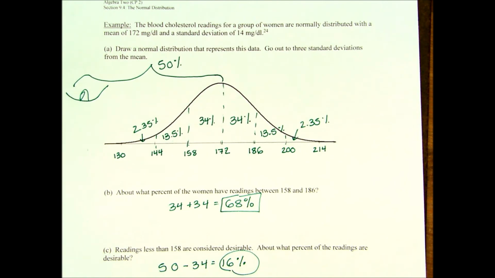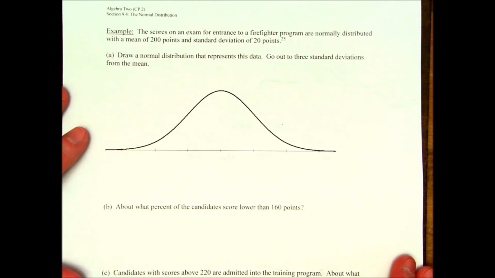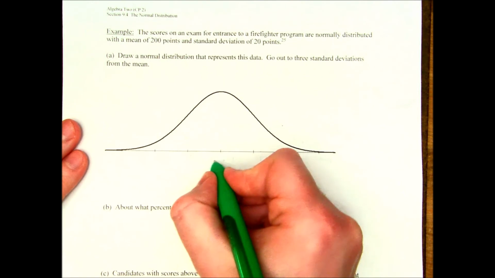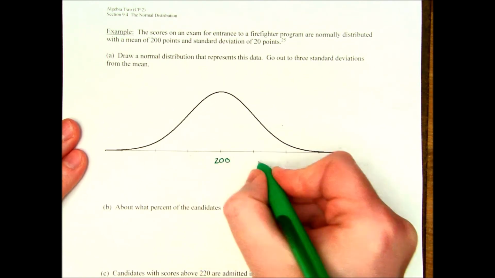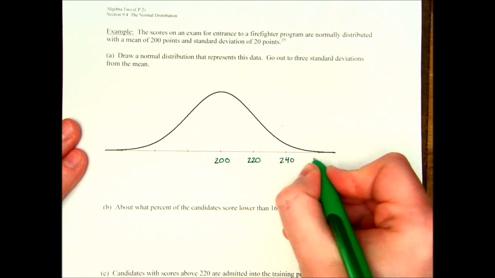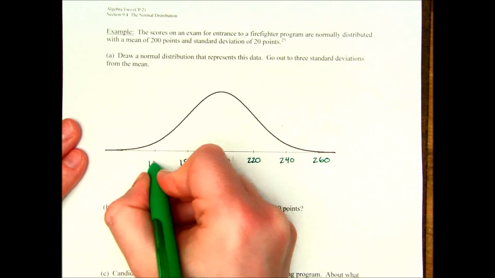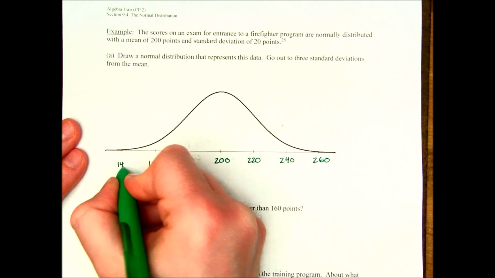Two more examples of this. The scores on an exam for entrance to a firefighter program are normally distributed with a mean of 200 and a standard deviation of 20. So I'm going to draw this. Mean is 200, 220, 240, 260, 180, 160, 140.